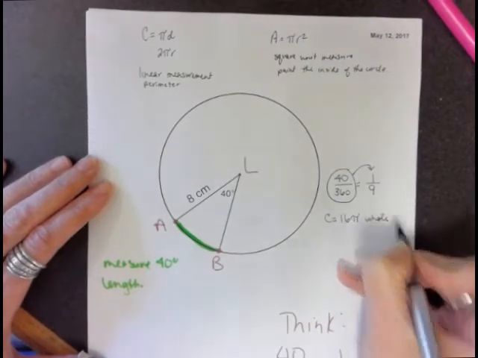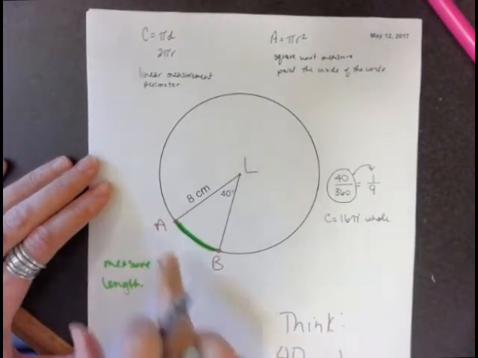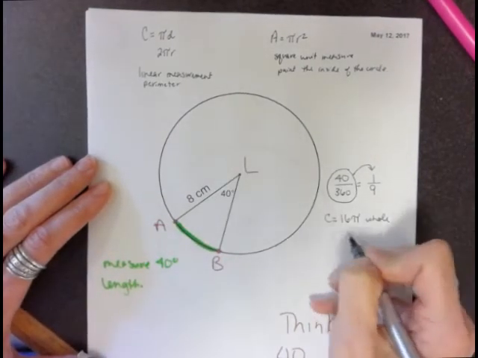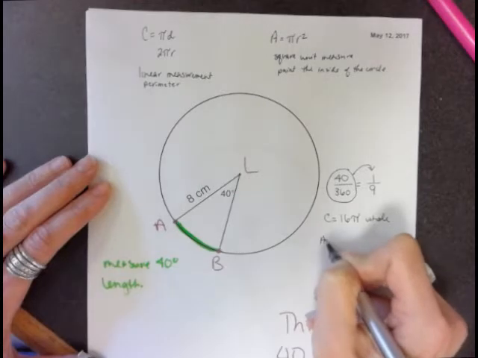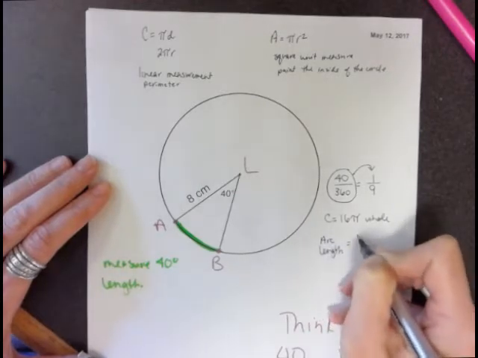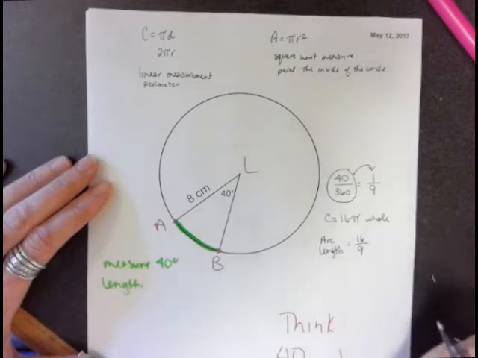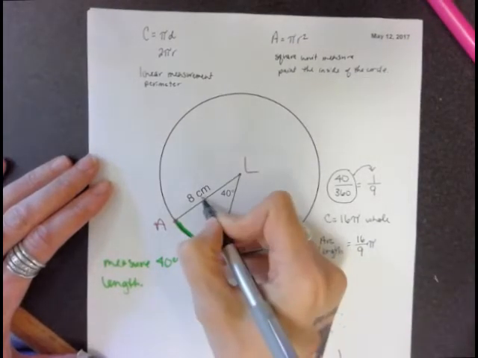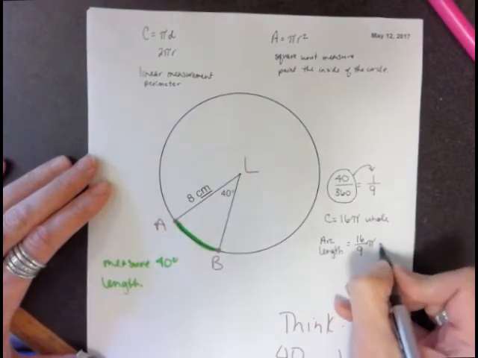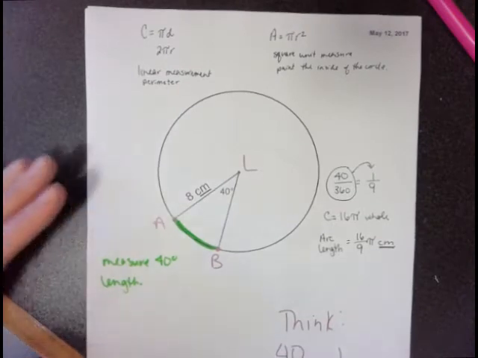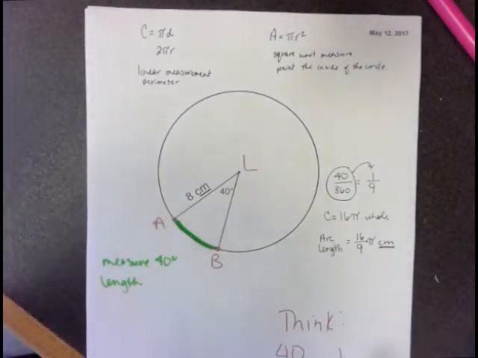And if we're going to take 1/9 of that to find the arc length, we're just going to say the arc length is going to be 1/9 of that. So I just divide that by 9. And let's remember, if we have centimeters, this is a linear measurement, so centimeters is our final answer. And of course, I can put this into decimal form if I want. So that's just a quick review.